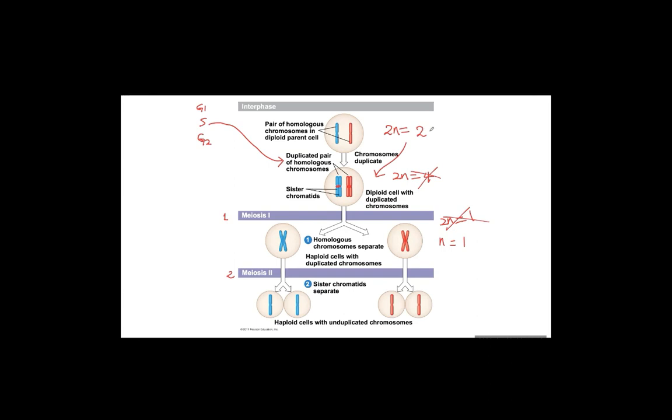When you divide 2 by 2 it becomes 1, so we have to divide 2n by 2 also. So it becomes n equals 1. So it is already haploid. This is what 2n is: diploid. So meiosis starts from diploid, but in the middle of meiosis, the chromosome number is reduced in half.